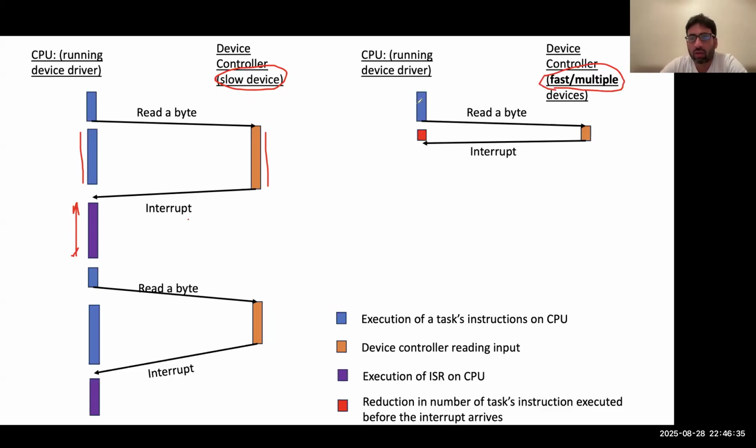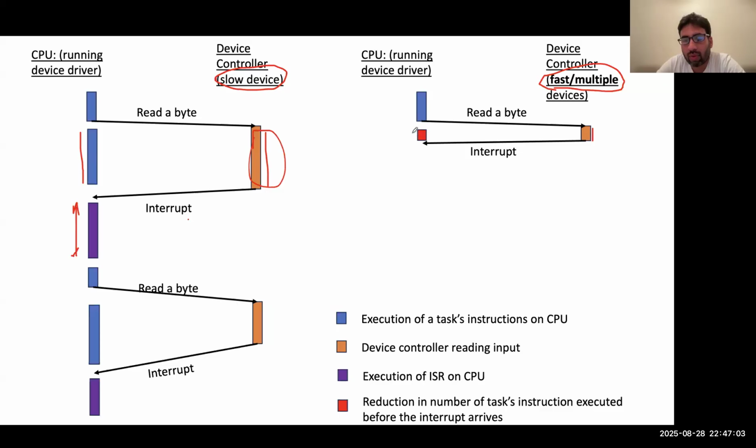Again our CPU was running an application, and then the application said, I want to read a single byte from the disk controller, but this time we have a faster device, and it can complete reading a single byte in much less time as compared to the previous case. Then it sends back the interrupt.